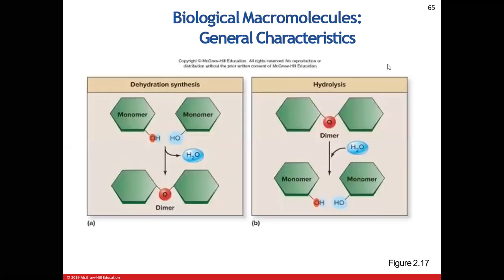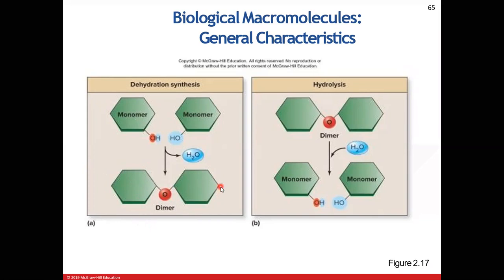So if we take a look here, we have monomer 1 and monomer 2 in a dehydration synthesis reaction. We take the hydroxyl group of one monomer and the H off of another hydroxyl group. Those form a water molecule, and we're left with this monomer bound to an oxygen, which gives us a dimer.